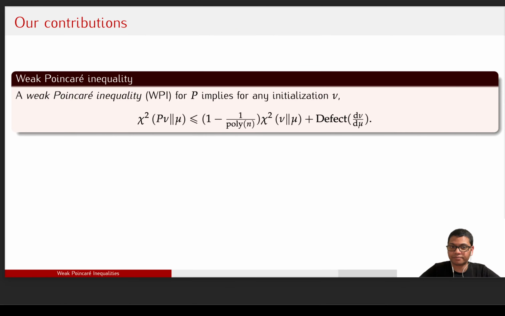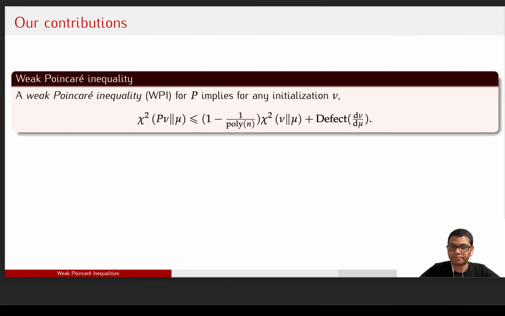Okay, so in our paper, we actually give a generalized framework for proving weak Poincaré inequalities for various Markov chains and in particular for Langevin dynamics, which generalizes some of these local to global frameworks that have been pretty influential in the Markov chains literature in the last 6-7 years, such as spectral independence, localization schemes, and more.